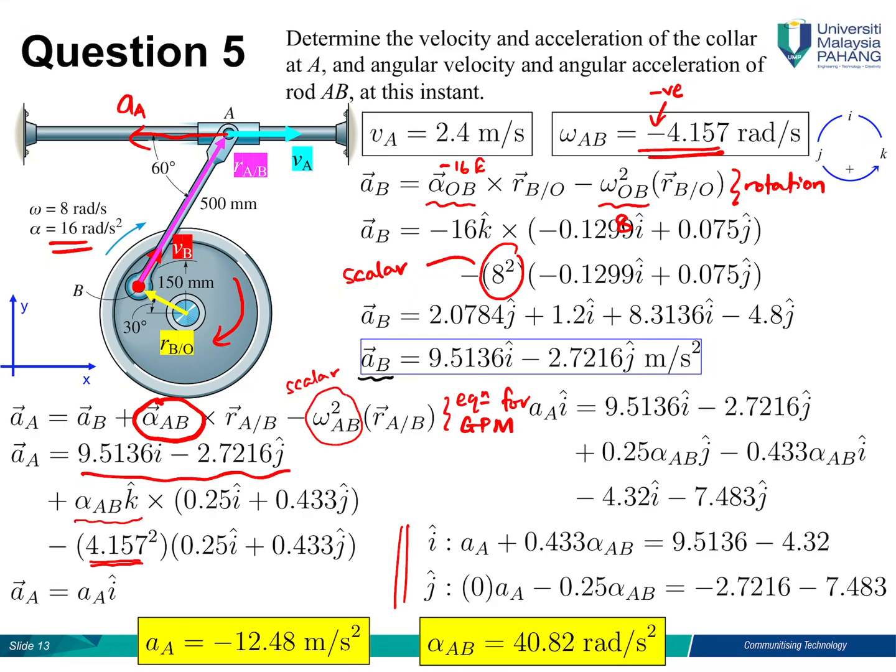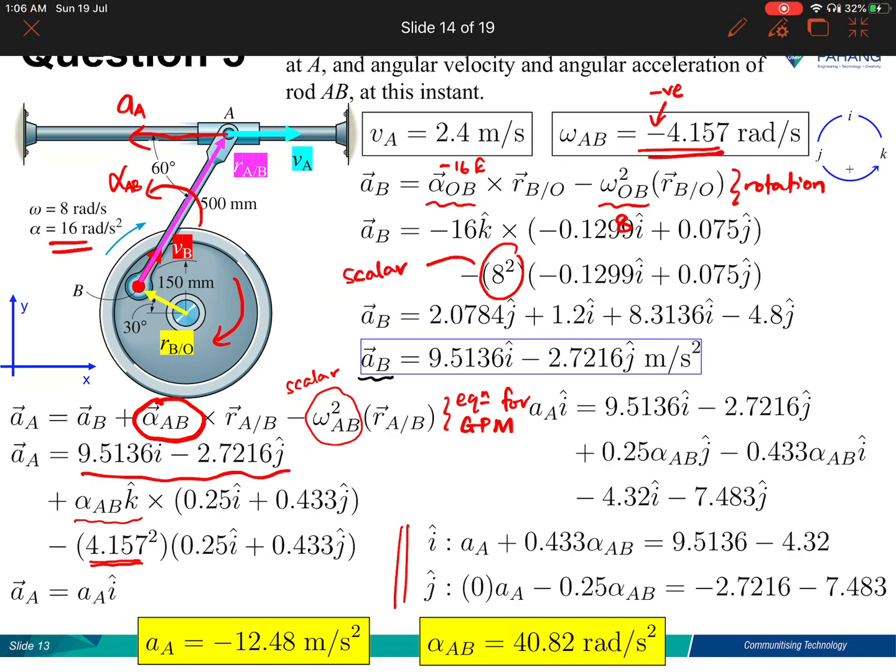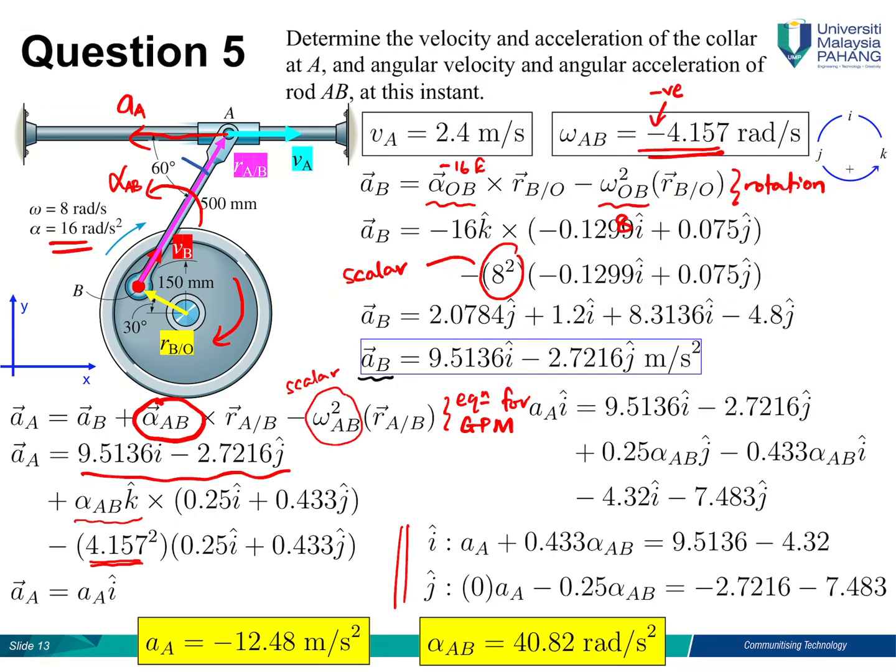And we have alpha AB equals 40.82 rad per second squared. So which means that alpha AB is rotating in counterclockwise direction, whereas the omega AB that we have determined just now is rotating in clockwise direction.